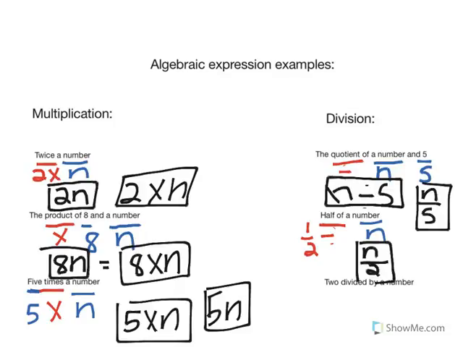So 1/2 indicates it's dividing because it's a fraction, and so it's n divided by 2, so it's half of the variable. That's why I did n over 2, because you're taking half of that number. Okay?